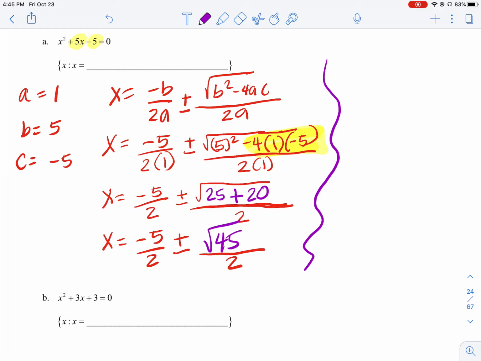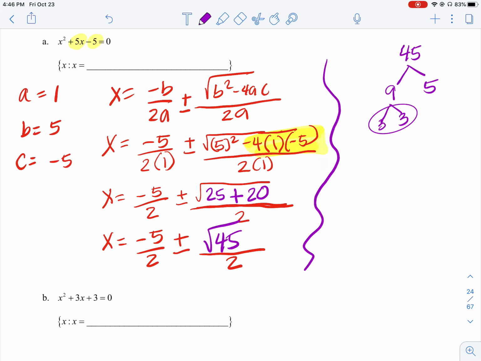So if you remember the previous video, we've learned that we're going to make a factor tree. Let's make a factor tree. So we have 45. Let's see, 9 times 5. And 9 can be 3 and 3. Okay, and double goes out the radical, single goes in the radical.